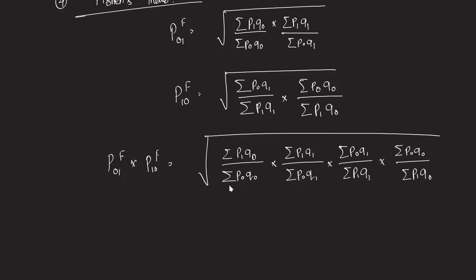And you will see that P0 Q0 cancels out, P1 Q1 cancels out, P0 Q1 cancels out, P1 Q0 cancels out. So this is root over 1, which is equal to 1, right?